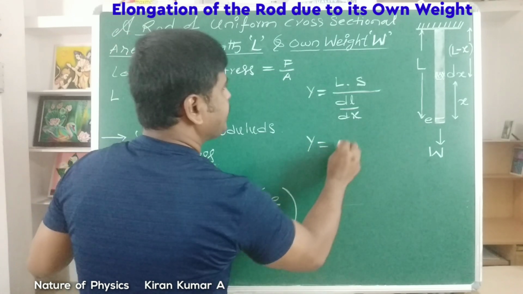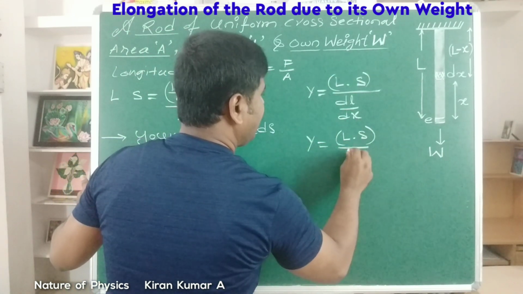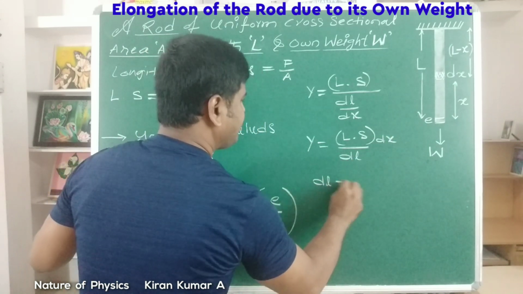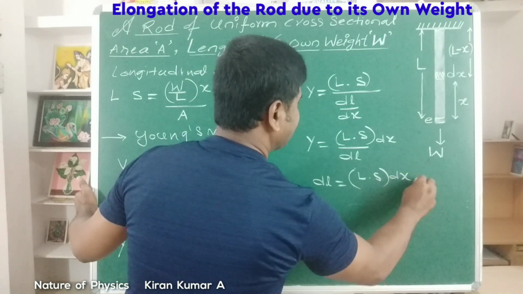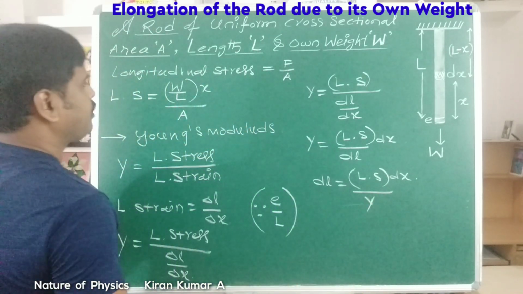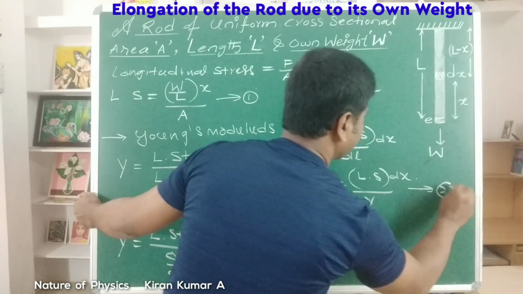So Y is equal to longitudinal stress into dx over dl. So now dl is equal to longitudinal stress into dx divided by Y. This is taken as equation number 1, and this as equation number 2.